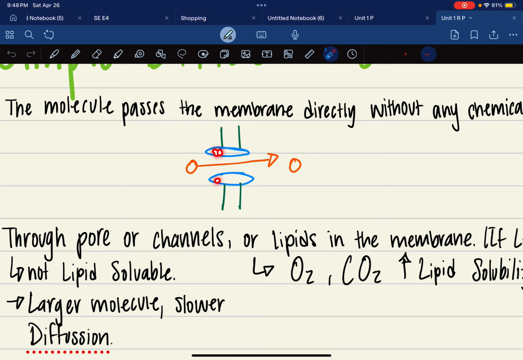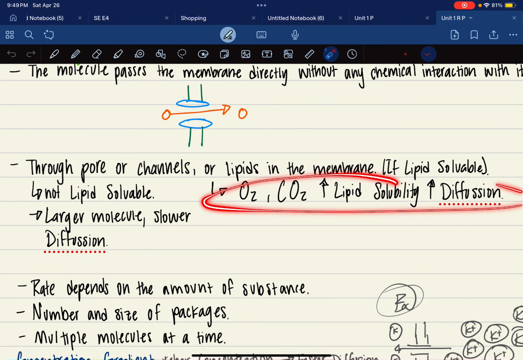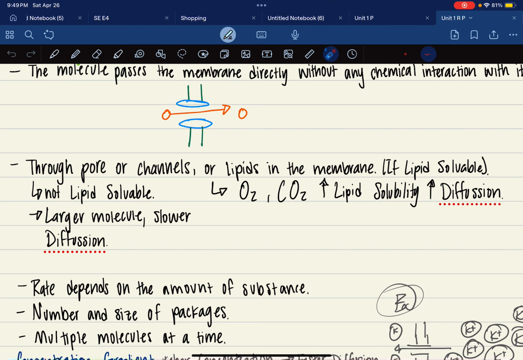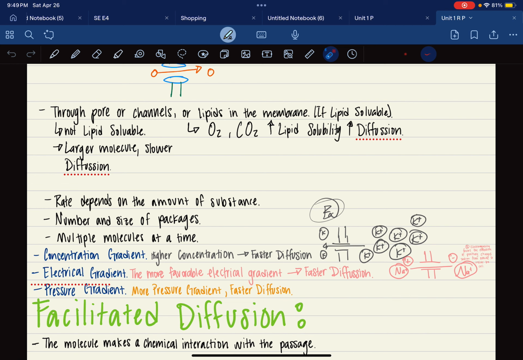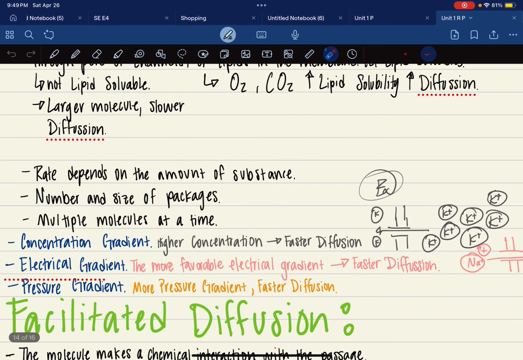It never touches these things, the passives. It passes through very quickly in large amounts, so it's super quick. The main ones are O2 and CO2. But depending on the size of the molecule, it's the rate that it goes.